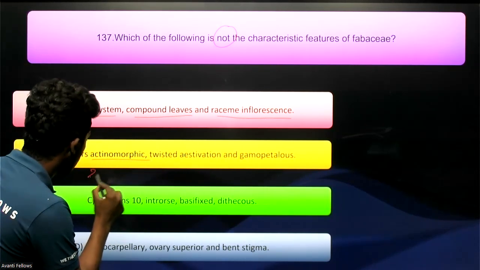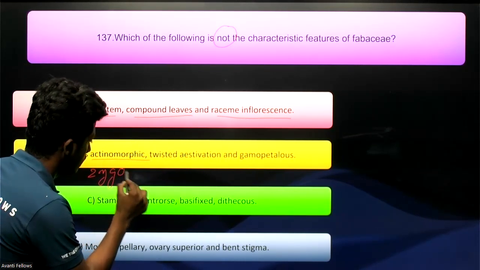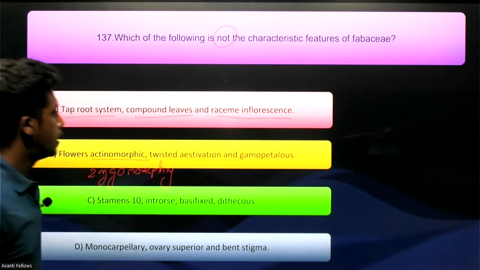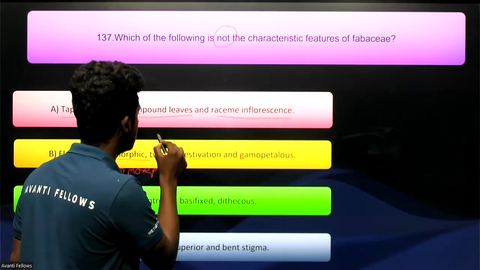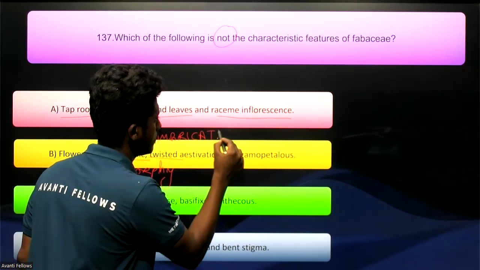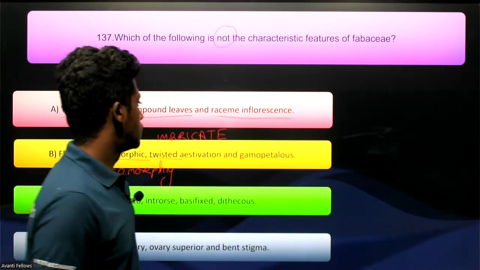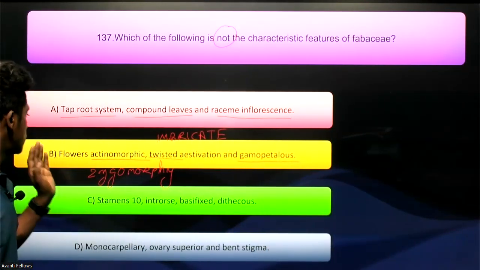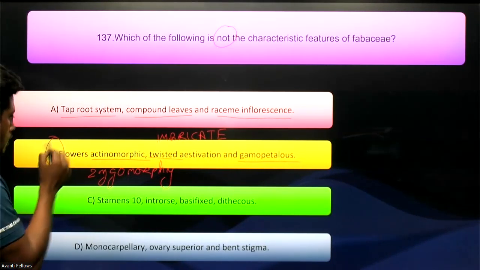No, they are zygomorphic. Twisted aestivation? It is imbricate aestivation. It is given as gamopetalous, but it is actually polypetalous. So this option is wrong.